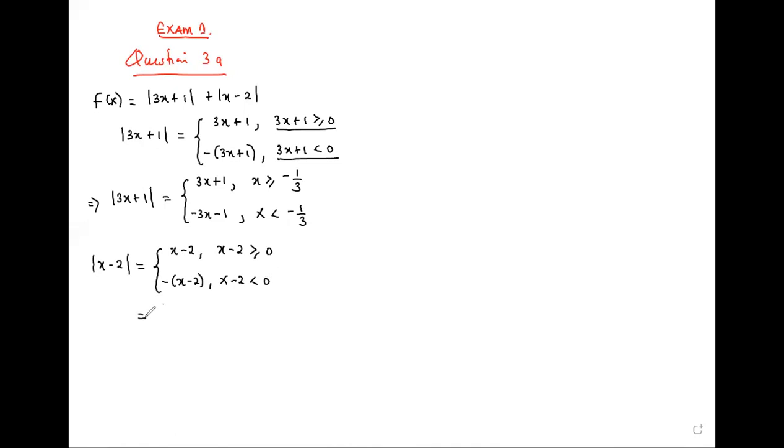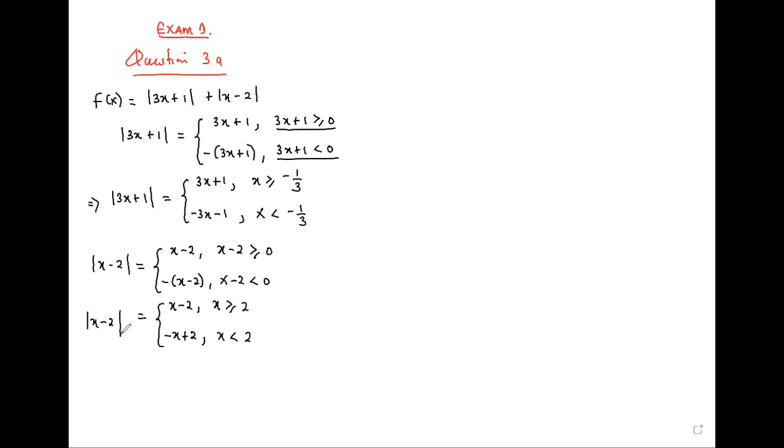This is the same as x minus 2 when x is greater or equal to 2, or negative x plus 2 when x is less than 2. This is the modulus of x minus 2.